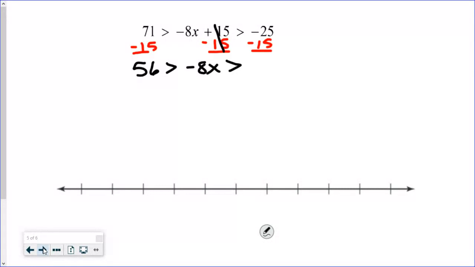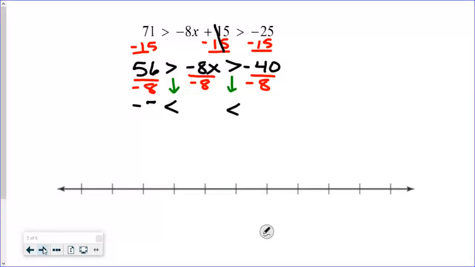And -25 minus 15 is actually -40. Now I'm going to divide each piece by -8. And because I'm dividing by -8 in all directions, I'm going to have to flip the sign for both of them. So remember, it's going to look like that, and it's going to look like that.